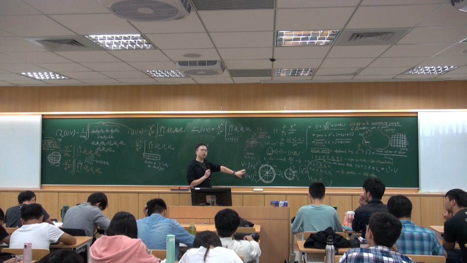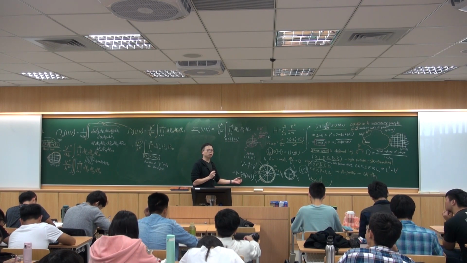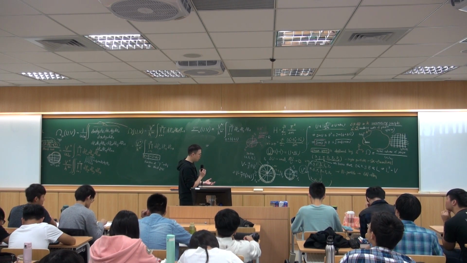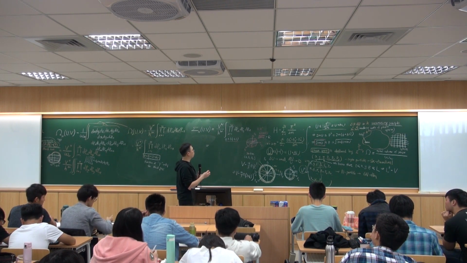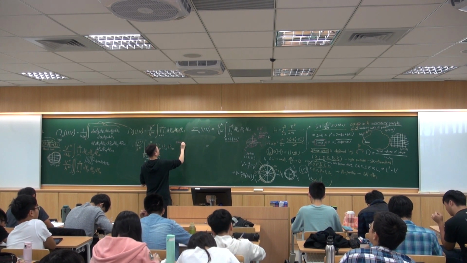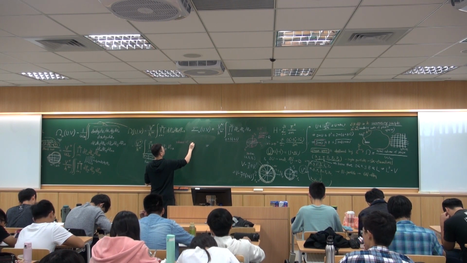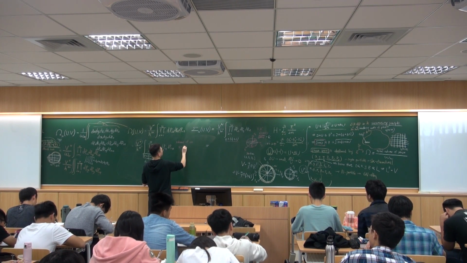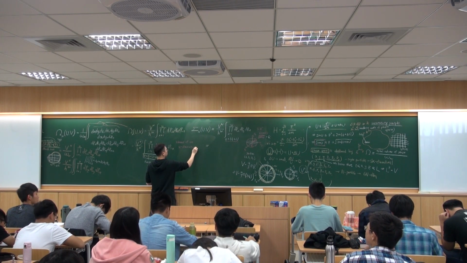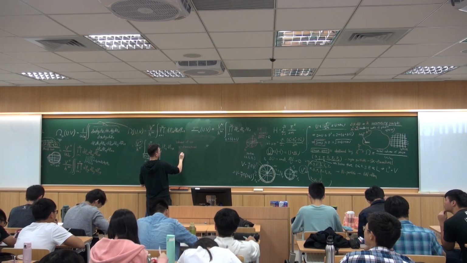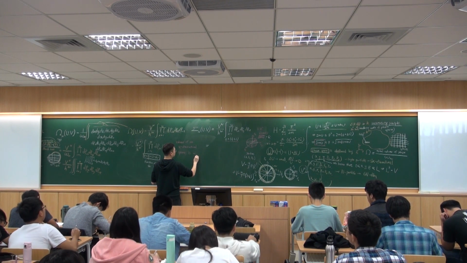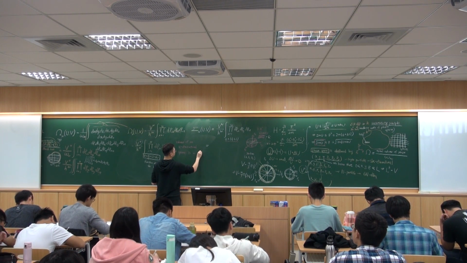Although we don't know the constant in front of it, because we don't know the formula for a 3N-dimensional sphere, we always know that the volume of an n-dimensional sphere is proportional to r to the n.